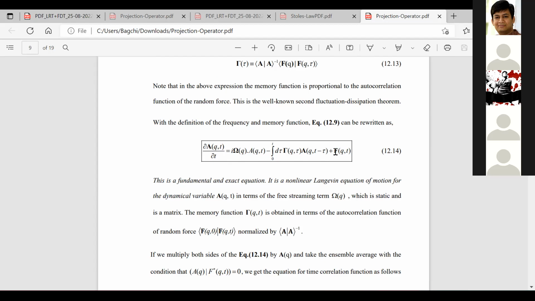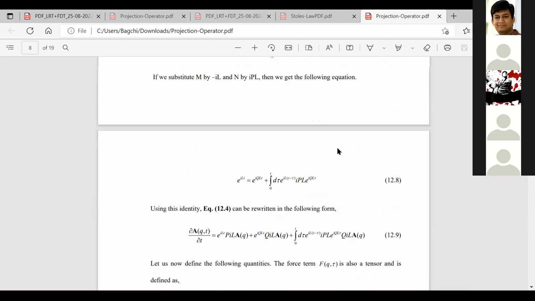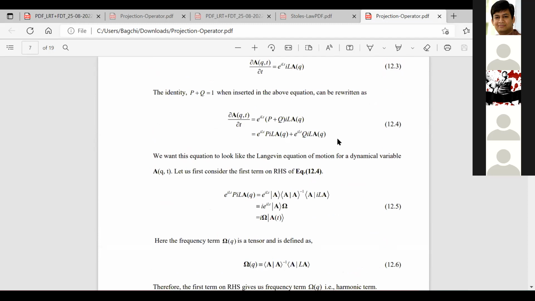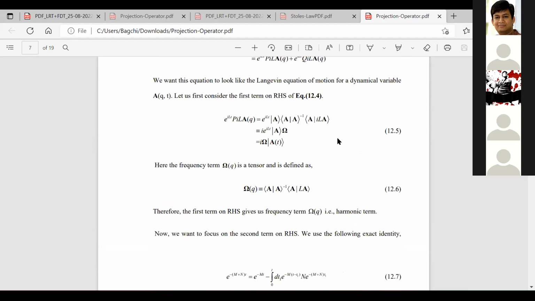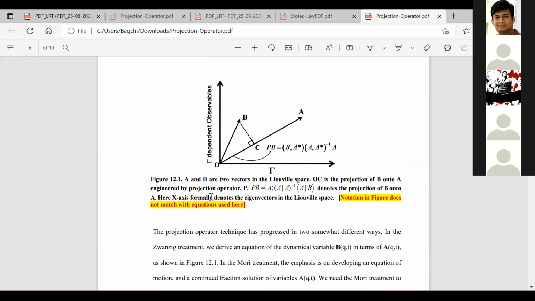Still, it has no Hamiltonian structure. And this derivation, I think, is a little bit taken from my own notes, and it is a little cumbersome. So I have to clean it up, but the basic philosophy remains the same. The basic philosophy is that I want a variable B, I project on A in order to get that. So what are the two steps involved?